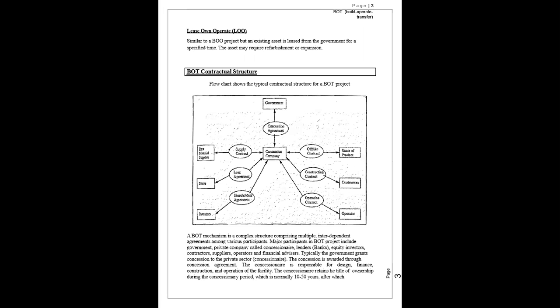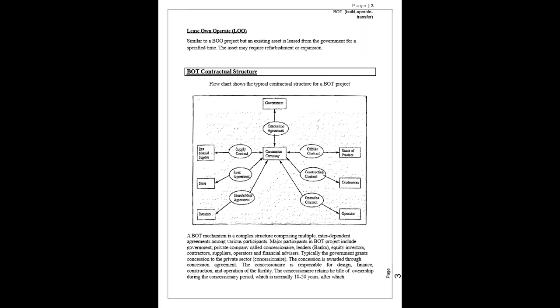That ownership is with the concession company, because the concessionaire company has the agreement with government, and that period of ownership or that agreement may vary between 10 to 50 years. Okay, in some cases it is more than that.